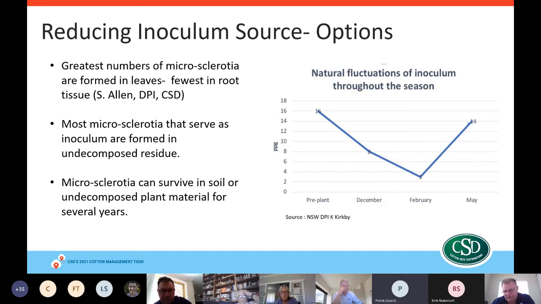And obviously you do need moisture, as Karen mentioned. And they can survive in the soil, as we've found out for many years, unfortunately. So Karen's put that graph up previous to this. It's basically showing that you do get natural attrition of the disease over a period of time throughout the season. But as soon as we go into defoliation mode, you're putting that straight back into the soil. That's why it's very important to try and break it down as quick as possible.